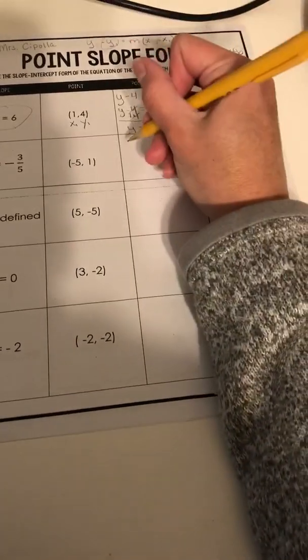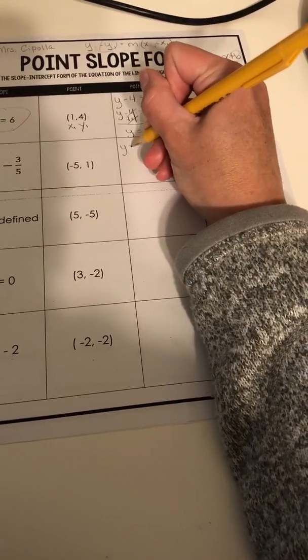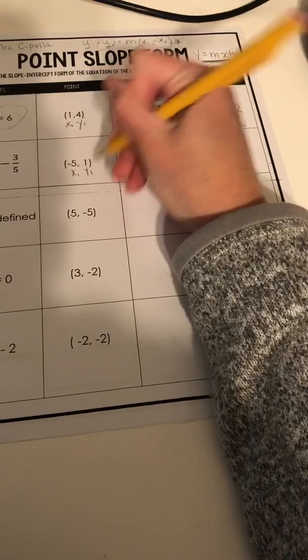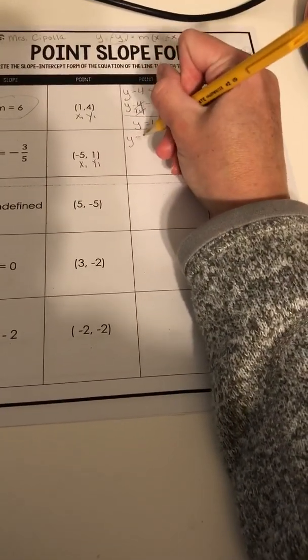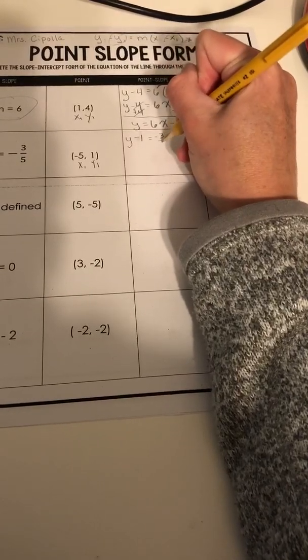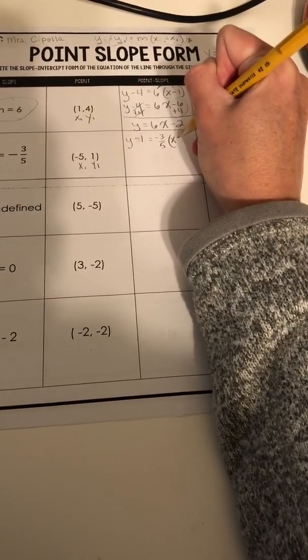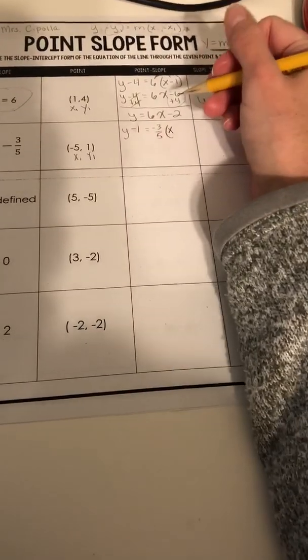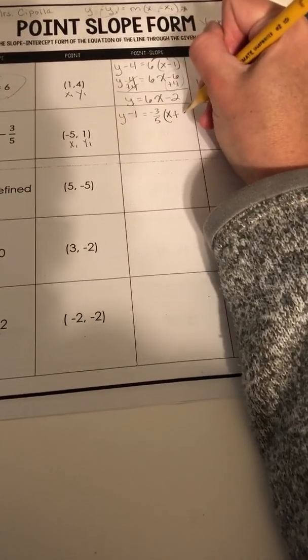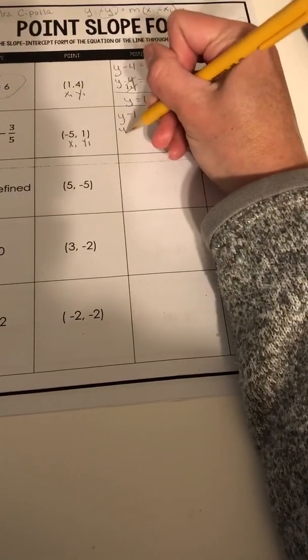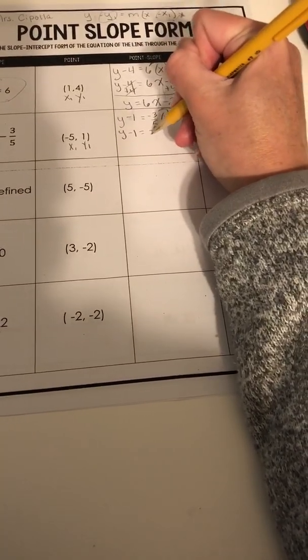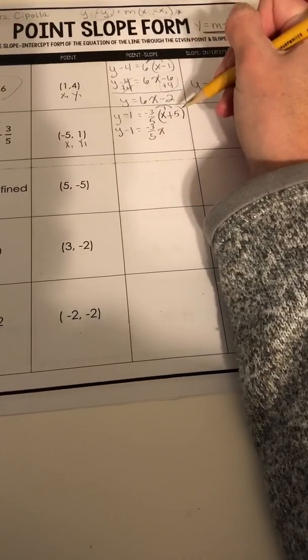All right, I'm going to do another one here. Y minus, remember here's x1 and y1, so what am I doing? Y minus 1 equals negative 3/5 x minus negative 5. Now people, when we minus a negative, we are really adding. So I'm going to write plus 5. Distribute. Negative 3/5 times x is negative 3/5 x.